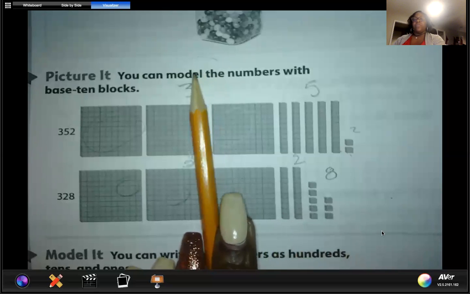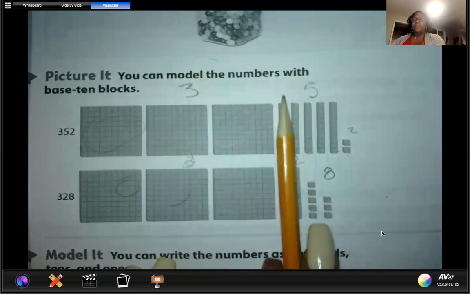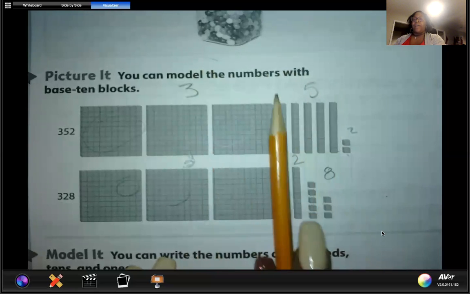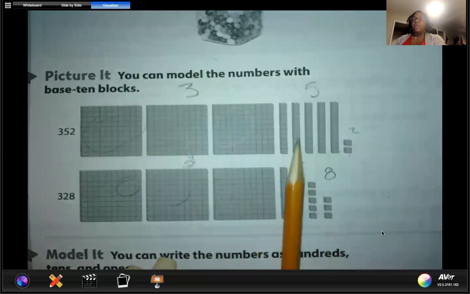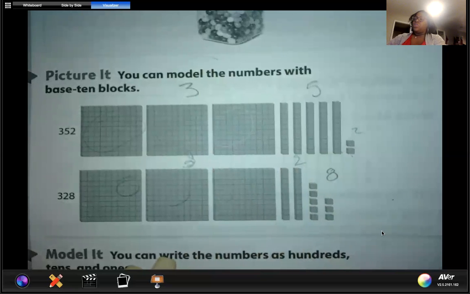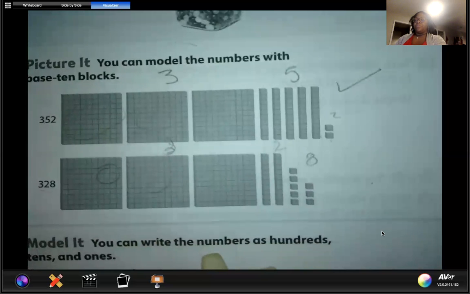So now we're going to have to move on to the next number. The next number is the tens place. We have a 5 in this tens place, but we have a 2 in this tens place. We know that 5 is bigger than 2. So this is the largest number.